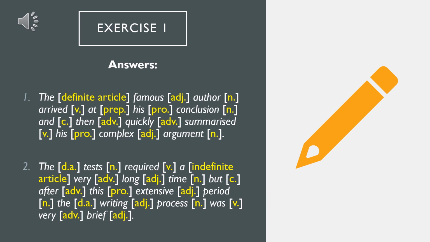And if you're unsure about anything, don't forget to refer back to the definitions given earlier. One different thing you'll notice in the second sentence is the word a. While the is called the definite article, a is called the indefinite article of the sentence.